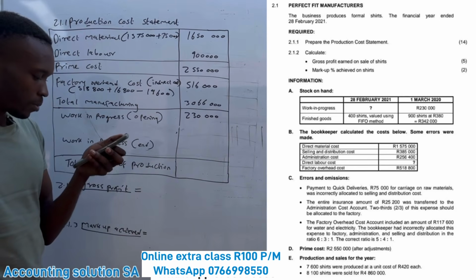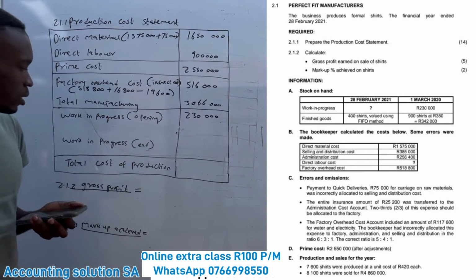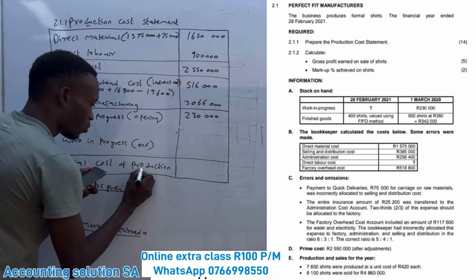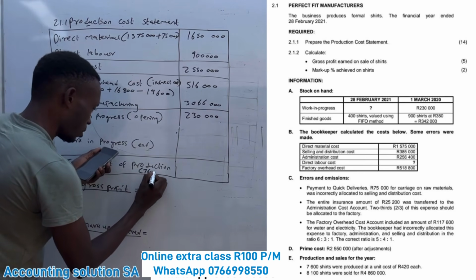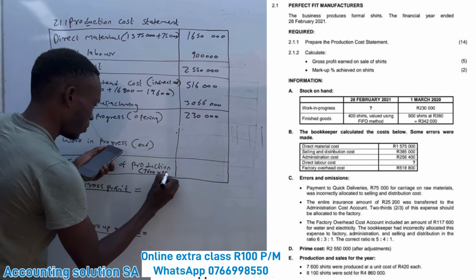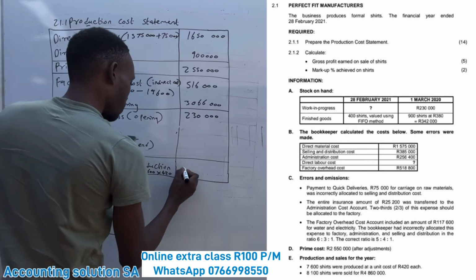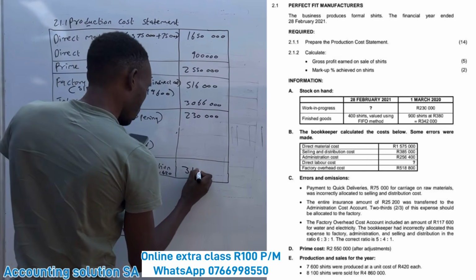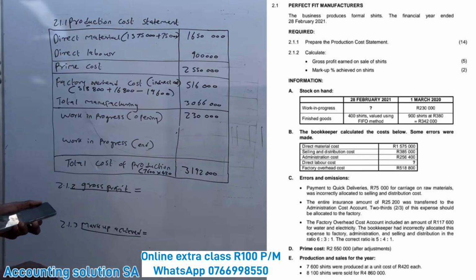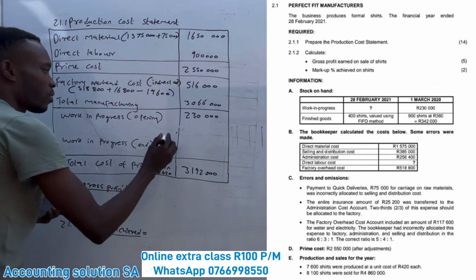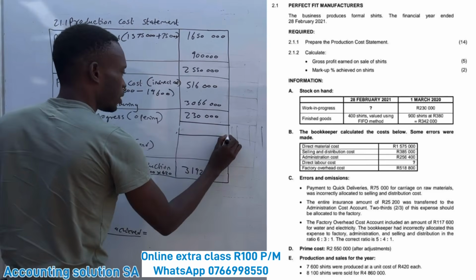Number E, 7,600 shirts were produced at a unit cost of 420. We're just gonna multiply these two, and 7,600 multiplied by 420 is going to give us 3,192,000. Now it's going to be simple. We just have to get the total after this one, then we're gonna get our opening balance.